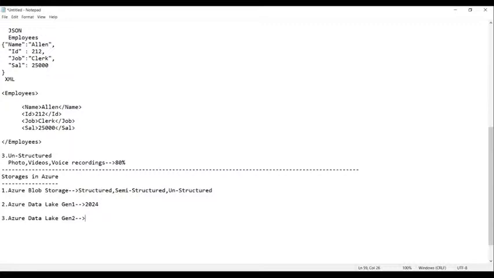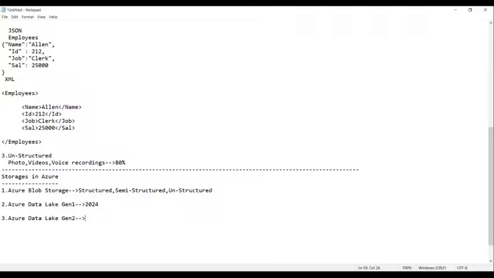But most of the time, the data mostly used for visualization purposes, that means for the purpose of analysis, whenever we want to use the data, such data is mostly recorded into Azure Data Lake Gen 2.